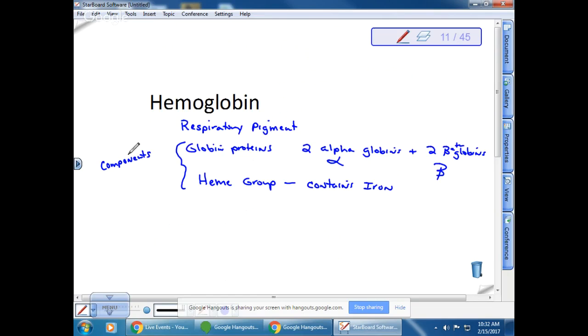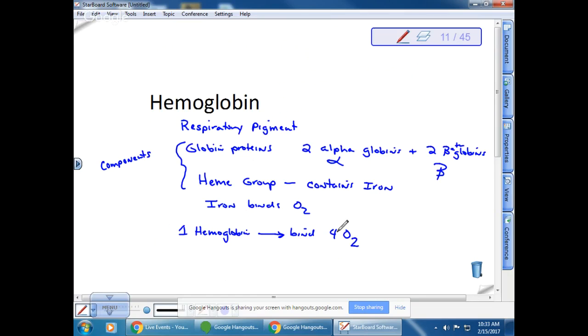There are 4 heme groups. So one hemoglobin molecule can bind 4 oxygen. So the iron binds the O2, right? So if we have one hemoglobin molecule, this can bind 4 oxygen. And when we talk about saturation of the hemoglobin, that's the percentage of the hemoglobin that actually has oxygen bound to it.